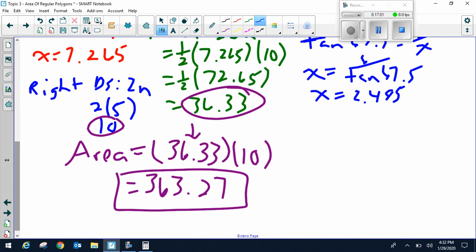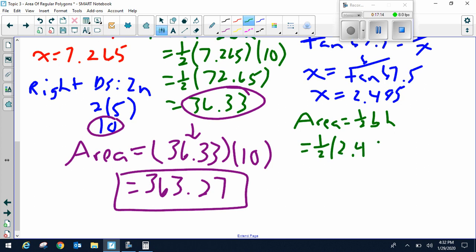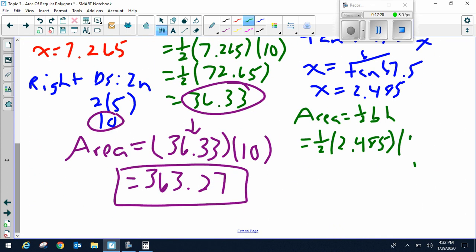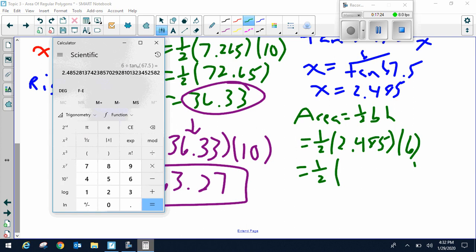Okay, so now that I have my base, I can do my area of my triangle. So it's 1/2 times the base of 2.485. But again, notice in my calculator, I didn't round, times the height. The height of this was 6. So in my calculator, all I have to do is hit times 6 equals, and I get 14.912.